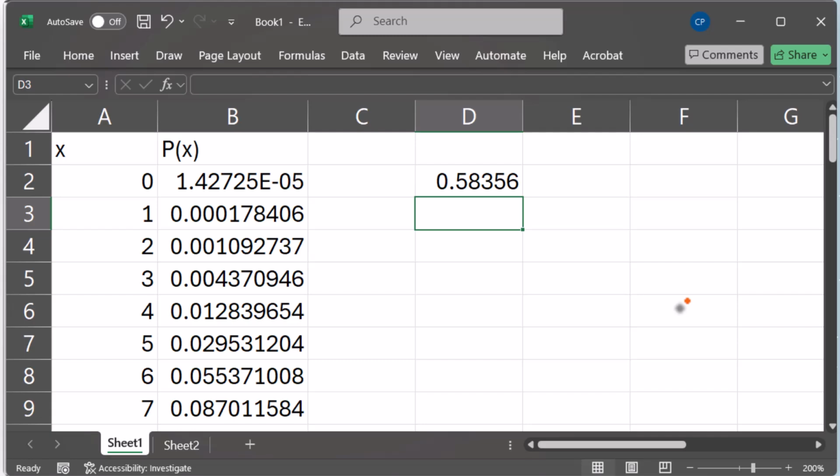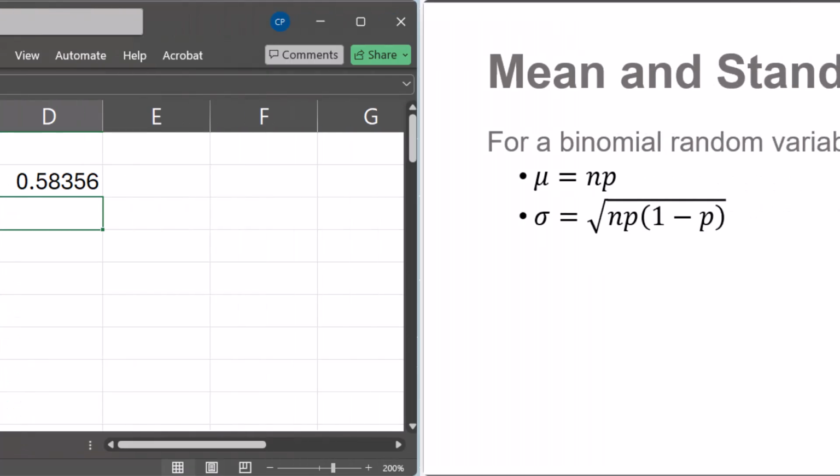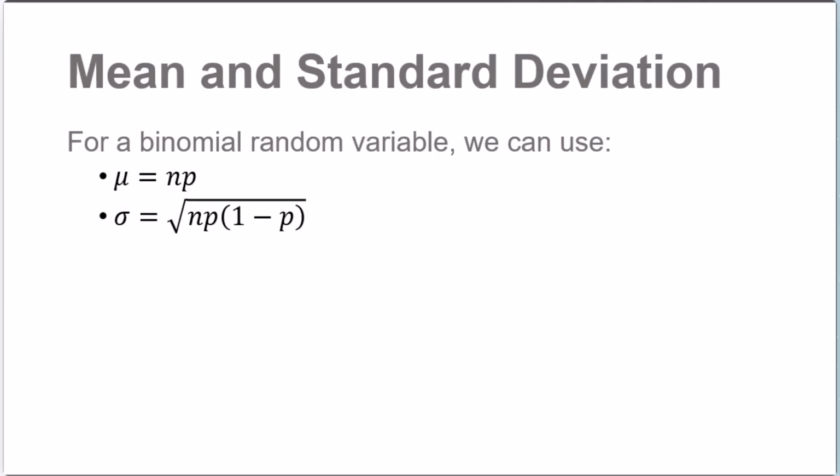So creating these tables can be really handy, especially if you're answering a lot of questions about probabilities. One last thing I want to mention about binomial random variables is that we do have some special shortcut formulas for computing the mean and the standard deviation. If we know that a random variable is binomial, rather than doing the longer table calculation for mean and standard deviation, you can use these two formulas.